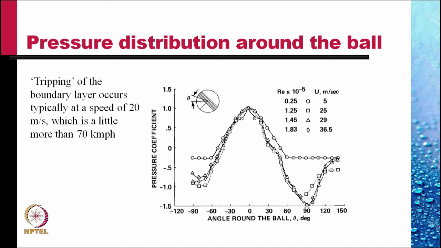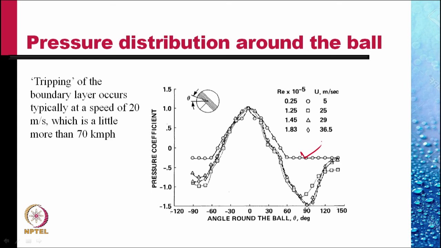Here are shown some measured pressure distributions around the ball at various Reynolds numbers and various velocities of the ball. At 5 meters per second, the Reynolds number is 0.25 times 10 to the power 5. And this is the picture.